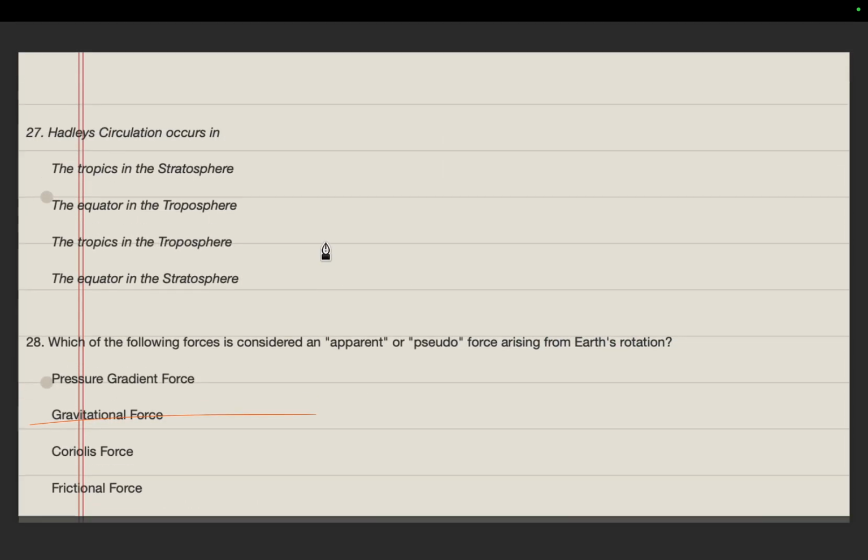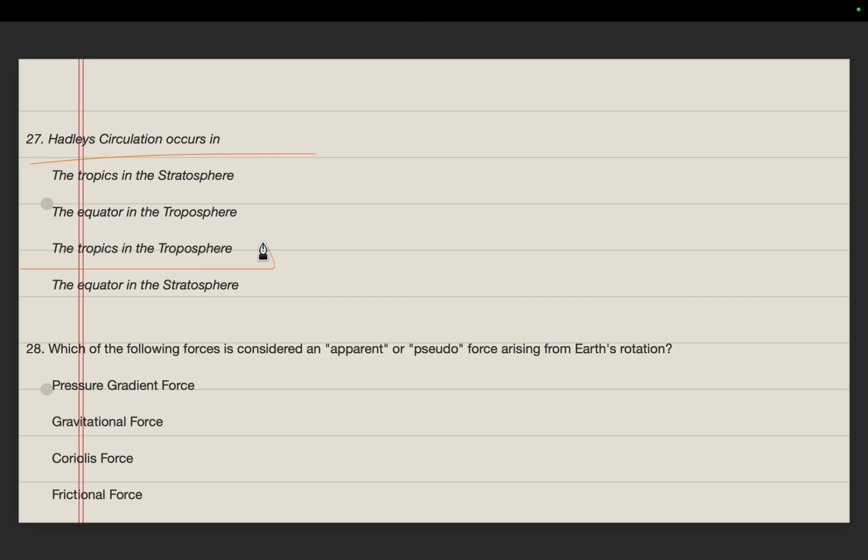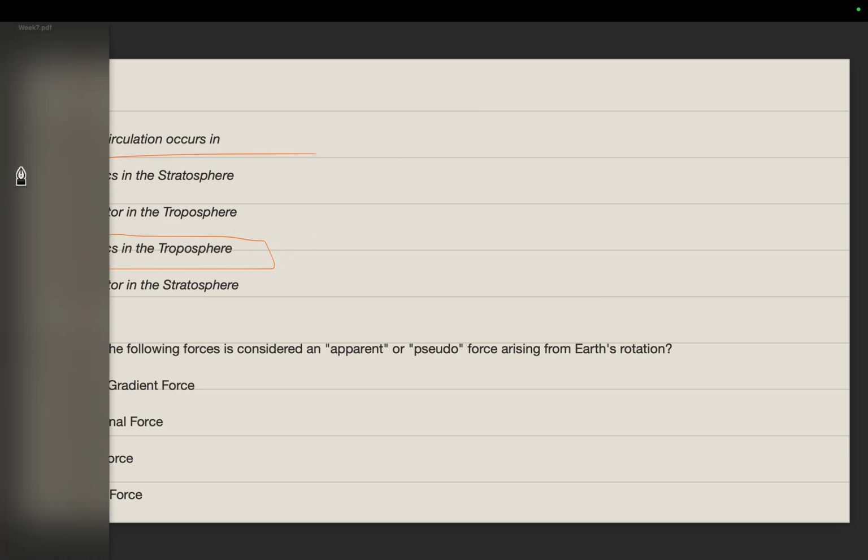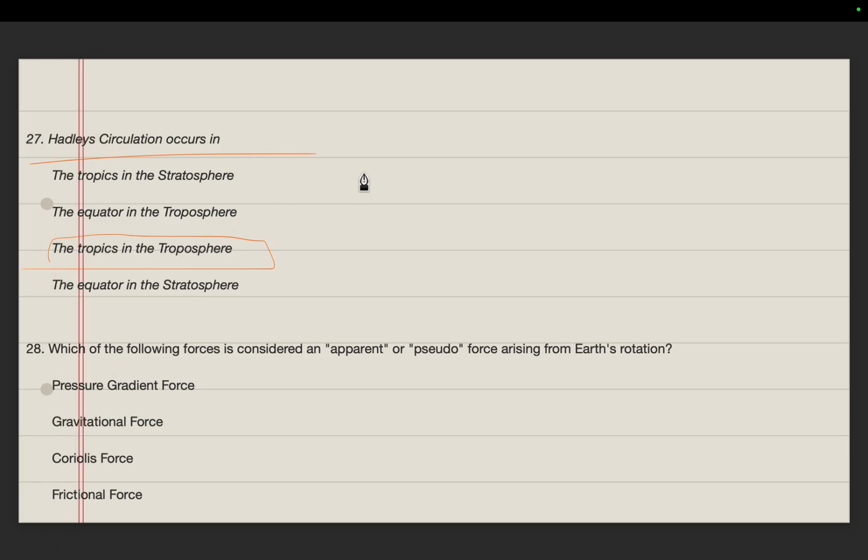I guess this will be tropics of the troposphere, because we are going 0 to 30 degrees, not just in the equator region. The equator is 0 to 10 degrees latitude. So Question 27, option C is correct. Okay.